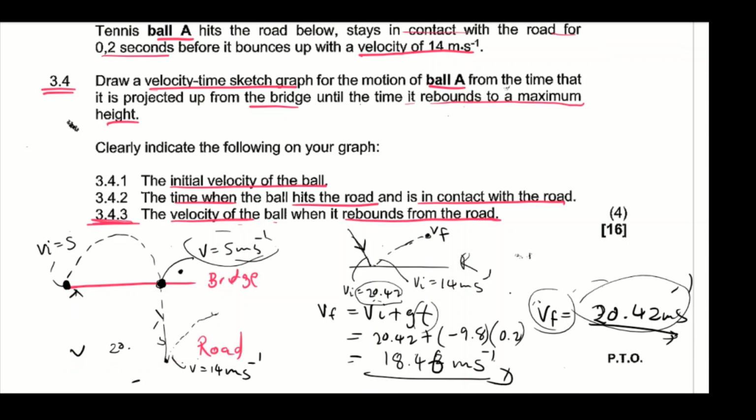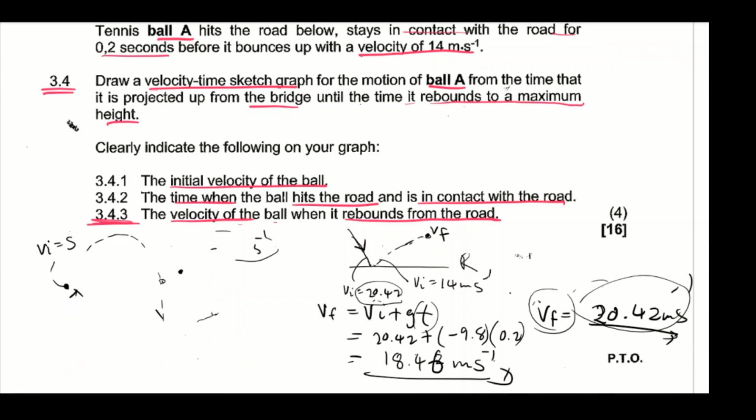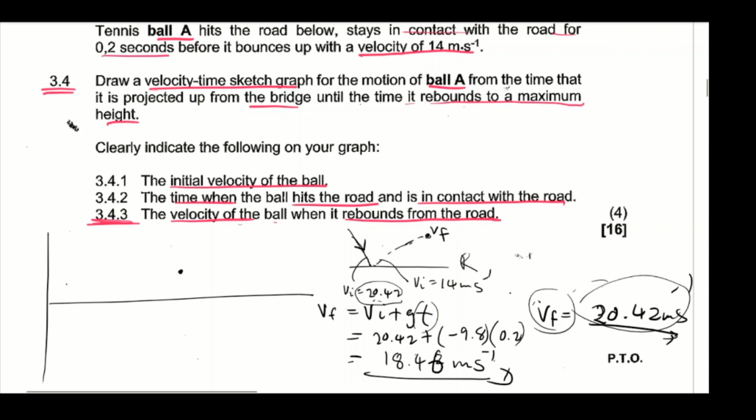If we draw the velocity versus time graph of this situation, it is going to look like this. This would be our Cartesian plane, with V for velocity and T for time. From this point here, this is our initial velocity of 5 meters per second.